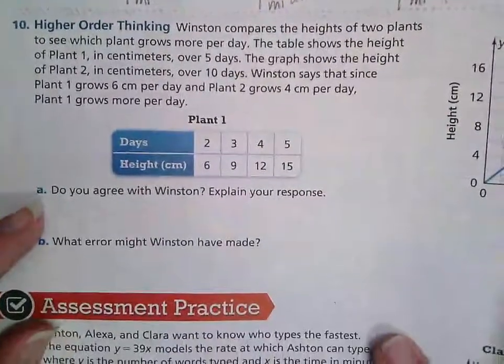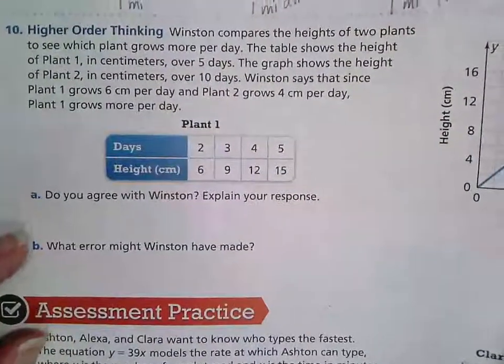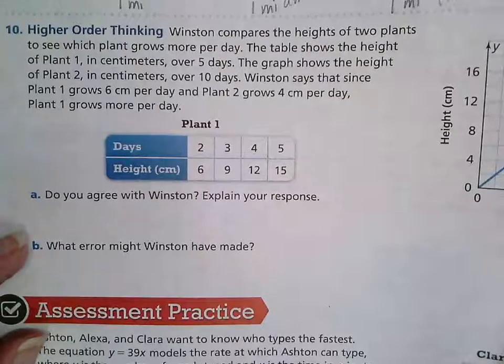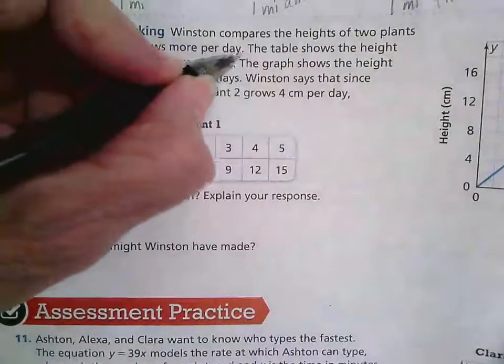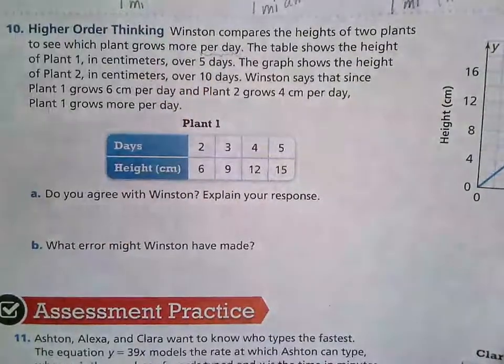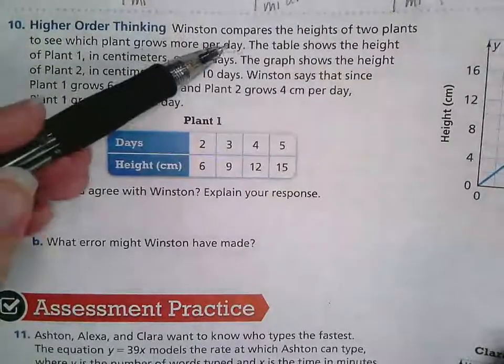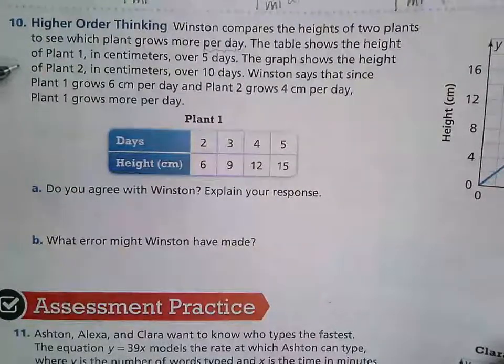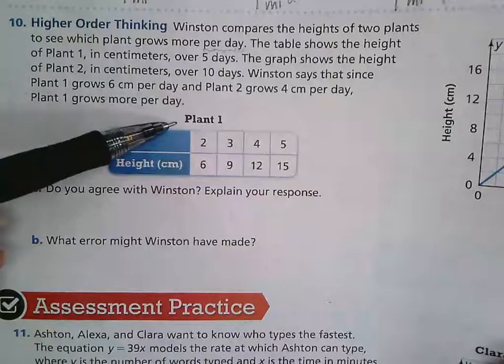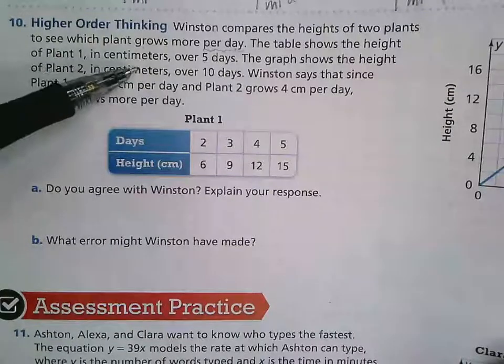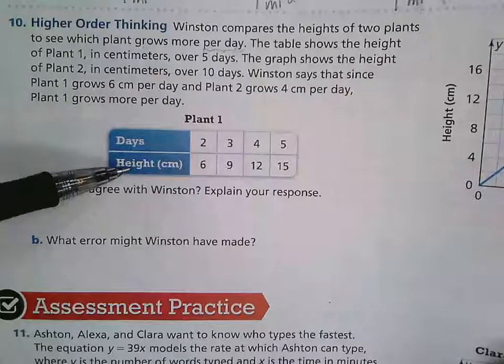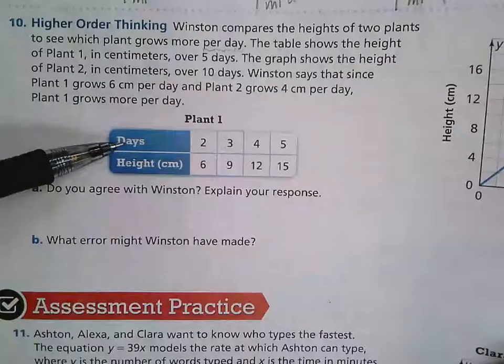Per mile. Number 10. Winston compares the heights of two plants to see which plant grows more per day. There's our unit rate. Growth per day. The table shows the height of plant 1, here's plant 1 in centimeters over 5 days.